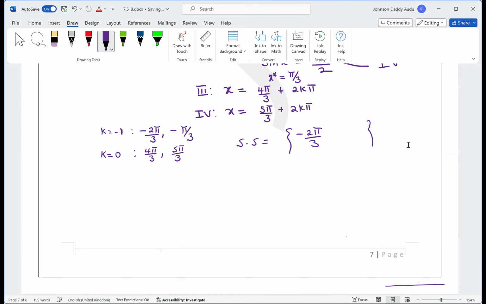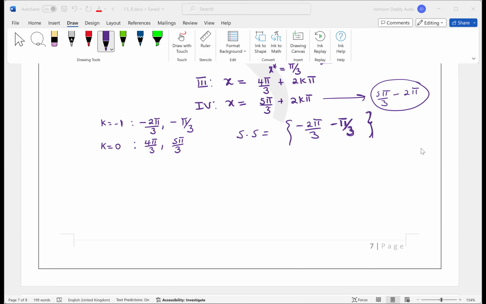Because if k is equal to -1, if you substitute -1 here, what do you get? We'll get 5 pi over 3 minus 2 pi, right? And this is nothing but minus pi over 3, because you will have 5 pi minus 6 pi. And we can easily find the sum now, right?